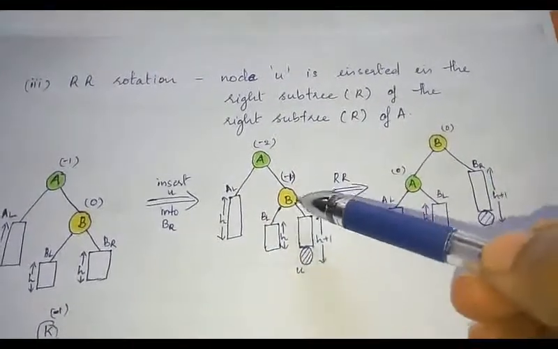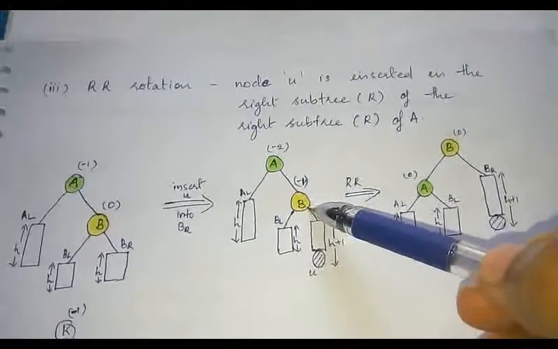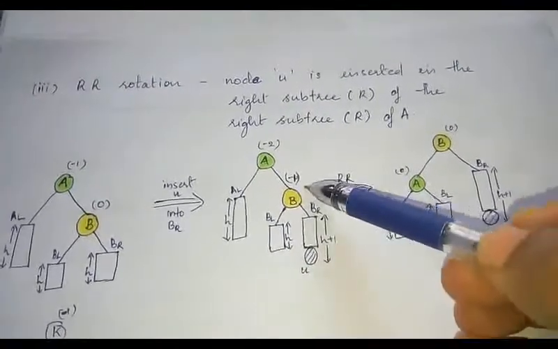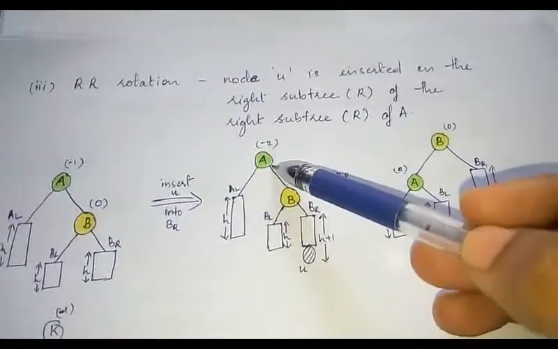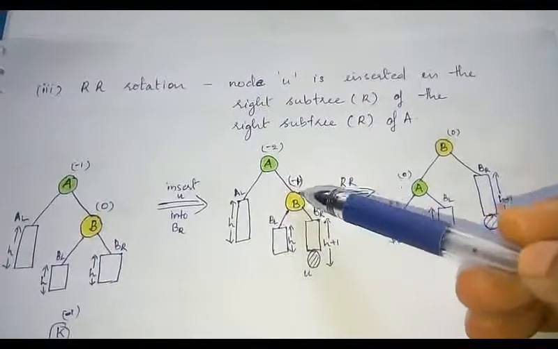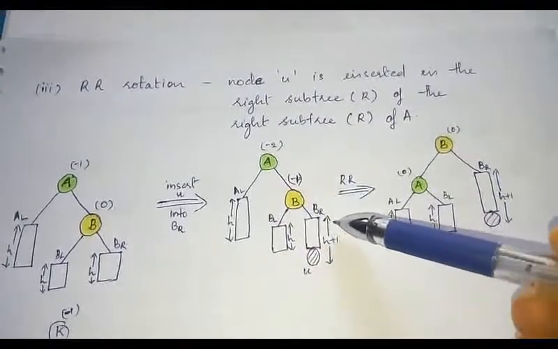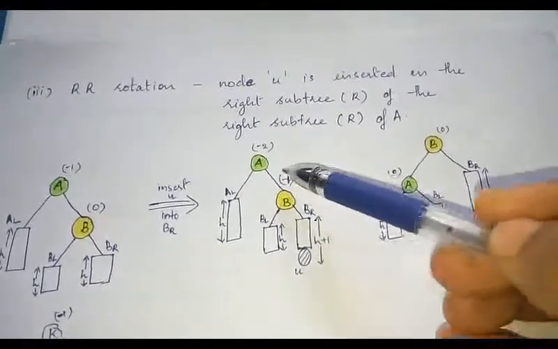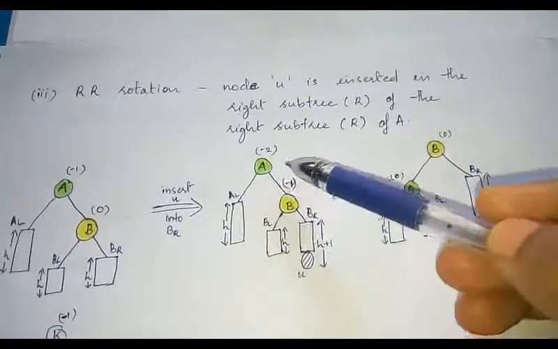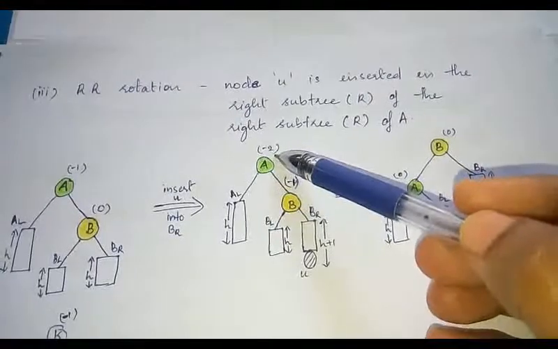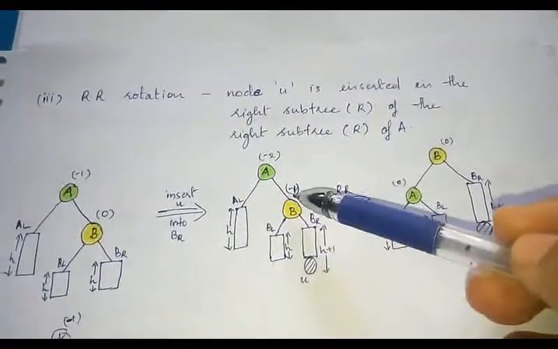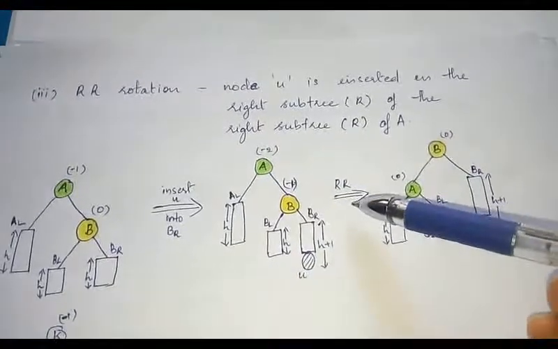So now the balancing factor of B has become H minus (H plus 1), that is minus 1, and the balancing factor of A will become H minus the height of the right side of A, which is H plus 1 plus 1 more, so H plus 2. So H minus (H plus 2) gives us minus 2. Now this has become an unbalanced AVL tree, and it has to be balanced by RR rotation.